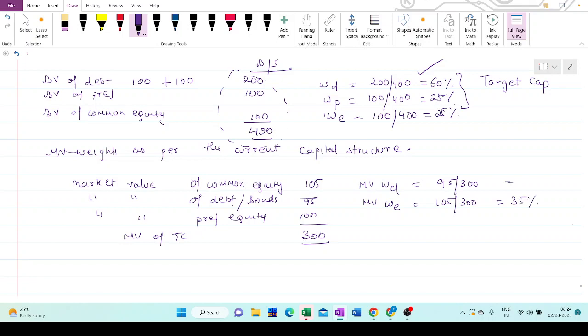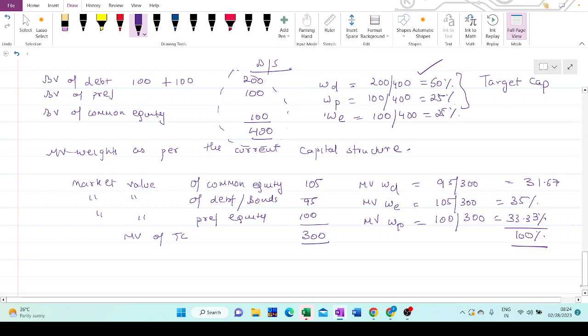And market value weight of pref equity would be 100 by 300. This is 33.33%. 95 by 300 is 0.317, 31.67%. Right. So if we add the three, we'll get 100%.